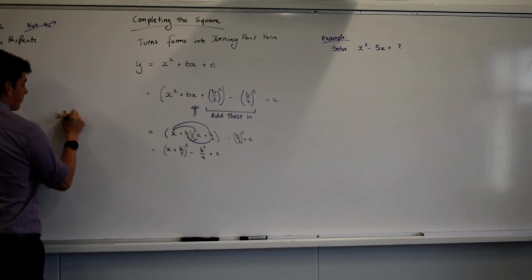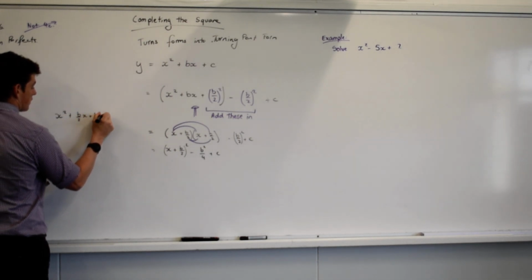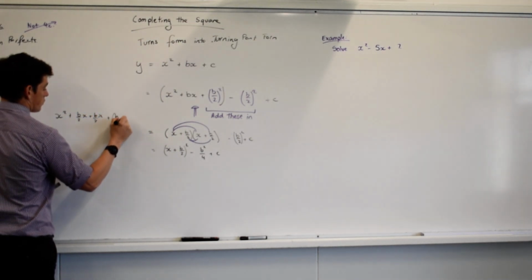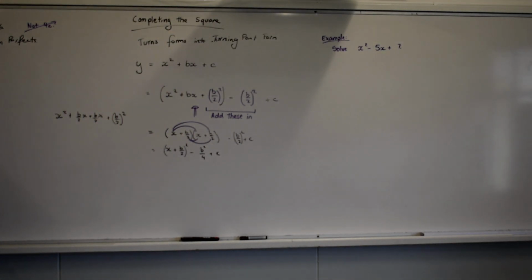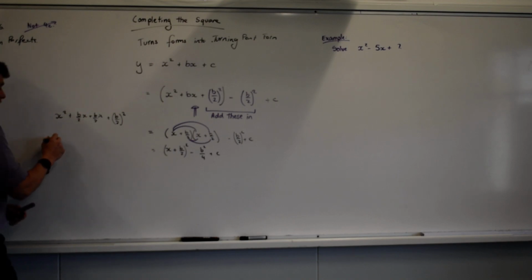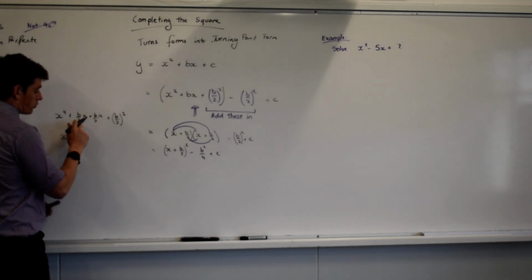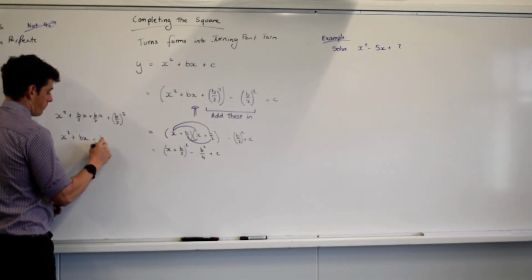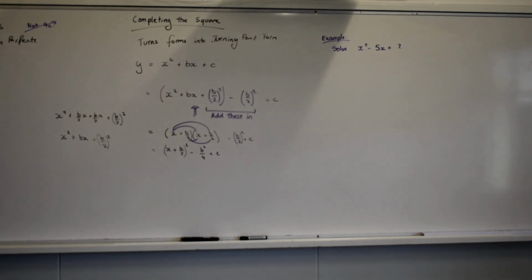I get x squared plus b on 2 x plus b on 2 x plus b on 2 squared. So do you all get that? And then we collect like terms, we get x squared plus bx, so you get b on 2 because there's 2 of them. Cool?